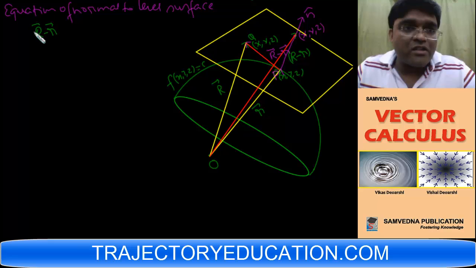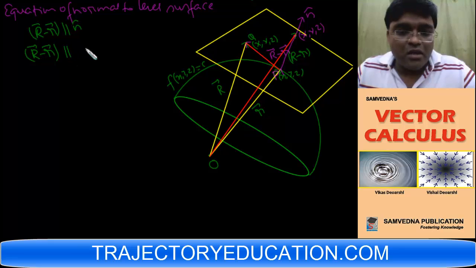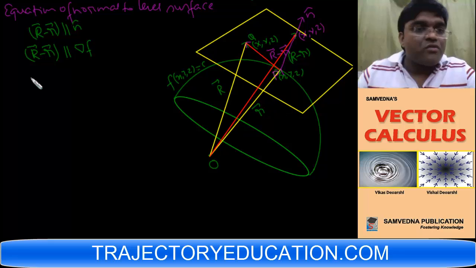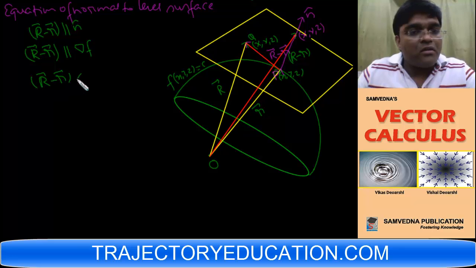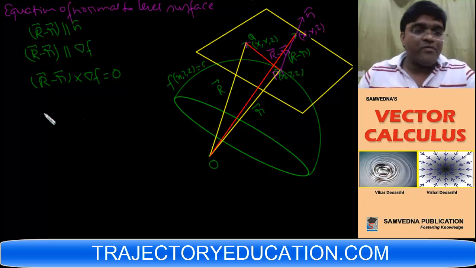So I conclude that R minus r is a vector lying on the normal, and it is parallel to n, or you can say parallel to del f. So I can say (R minus r) cross del f is 0.